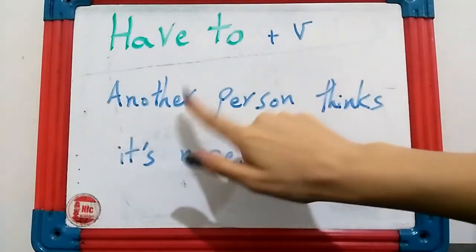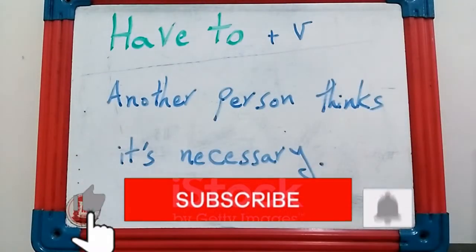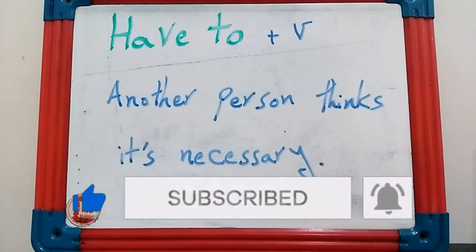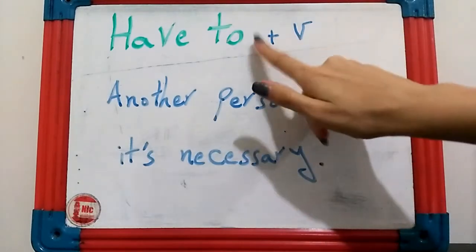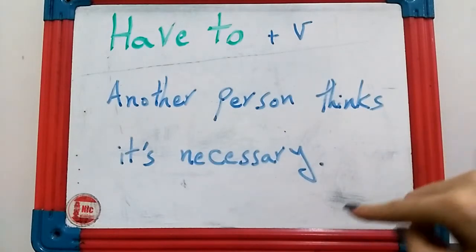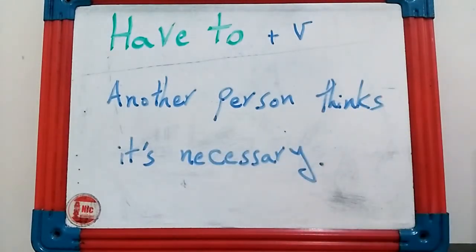When another person thinks it's necessary. برای تعریف must گفتیم اجباریه که گوینده فکر میکنه. یعنی گوینده فکر میکنه ضروری و اجباریه. اما have to رو زمانی استفاده میکنیم که شخص دیگه این اجبار رو به وجود آورده و به خاطر اون شخص ما یک کاری رو مجبوریم انجام بدیم.